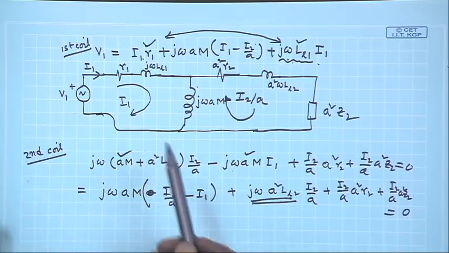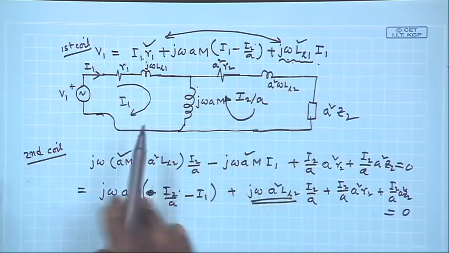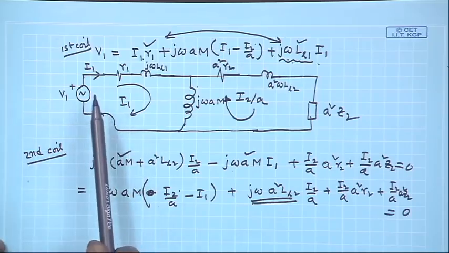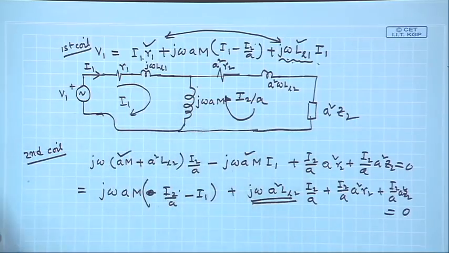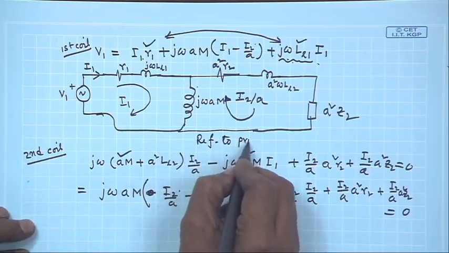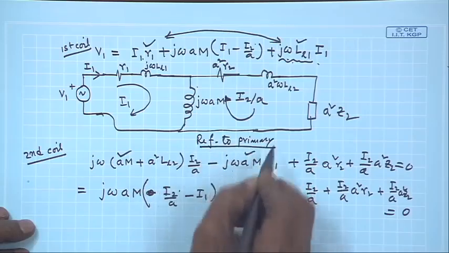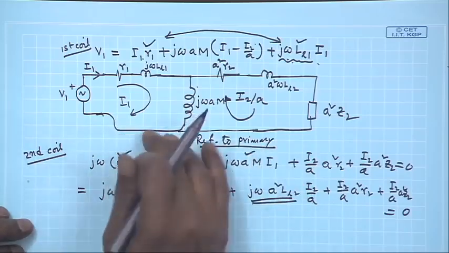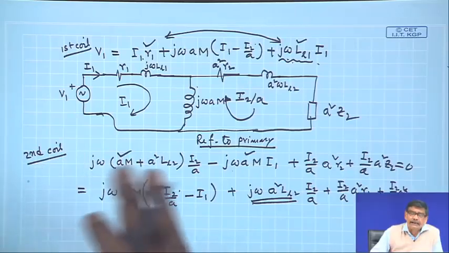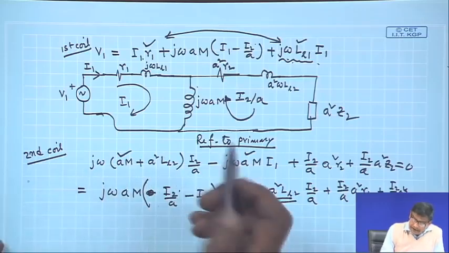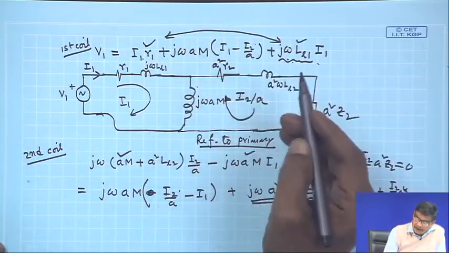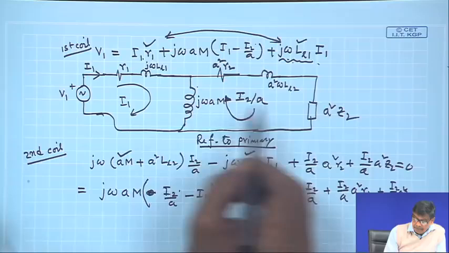So, you now see both the loop equations are very nicely satisfied, and the equivalent circuit of a transformer referred to the primary is obtained, and this circuit was obtained by considering several physical things this way and that way. But I now get that, if the turns ratio is there, the secondary impedances must be multiplied by a square, that has come.